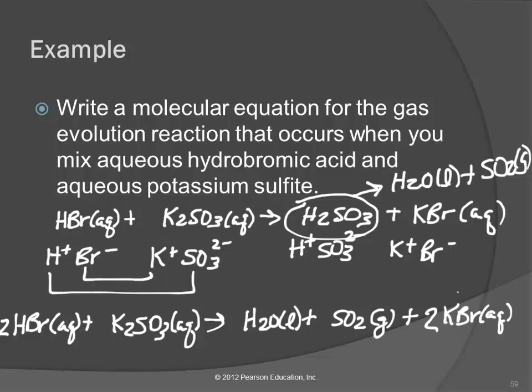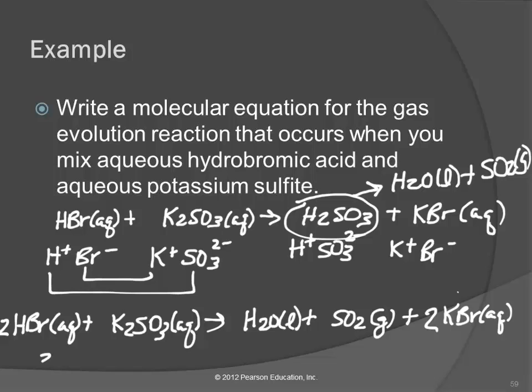And just see who was fighting in the boxing ring. You do that by anything that's aqueous, you separate those into the ions and see which ones are unchanged and cross those out. So we could write a net ionic equation for this one. We should? It gives more practice. So I'm going to kind of do this in my head. I see that there's bromide on both sides and that there's potassium on both sides.